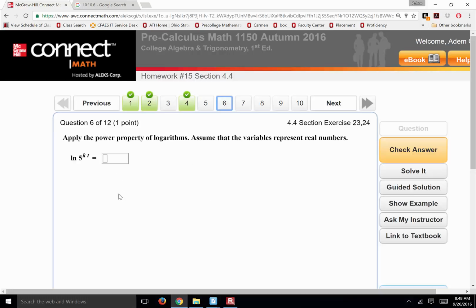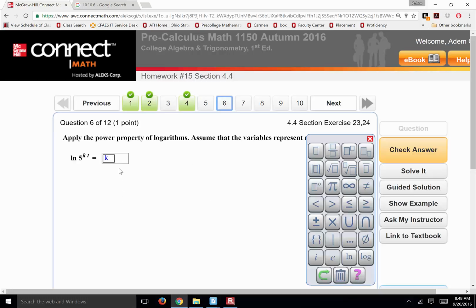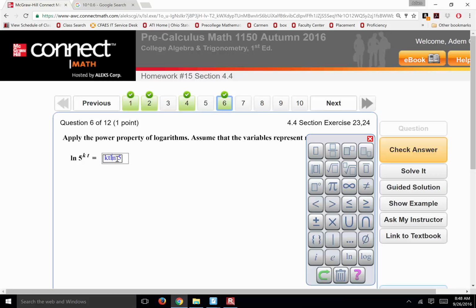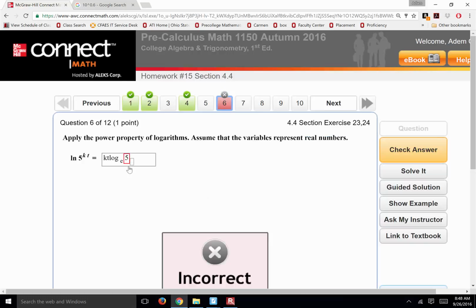To show you how to type in ln, there should be a button for this. kt, yeah, ln has its own button. This is it. If you changed it to log e, it'll still take it out. Alright, let's check. Log, oops. Log base e of 5. It didn't like it now.